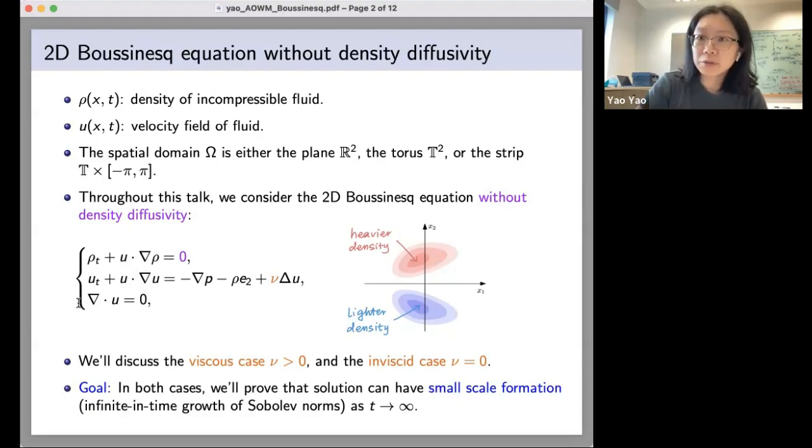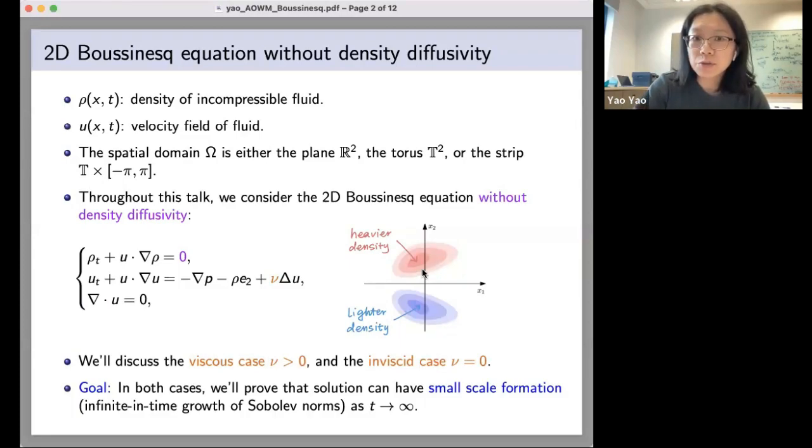As for the velocity field u, throughout this talk I'm going to work with the incompressible Boussinesq equation, which means that the divergence of the velocity field is equal to 0. Here I'm putting a picture as an illustration of an example of an initial density.